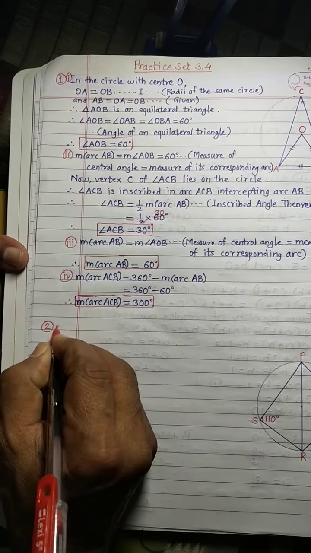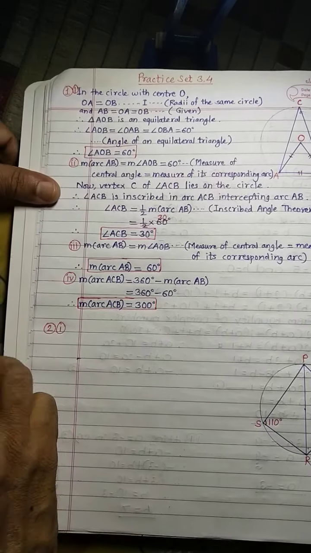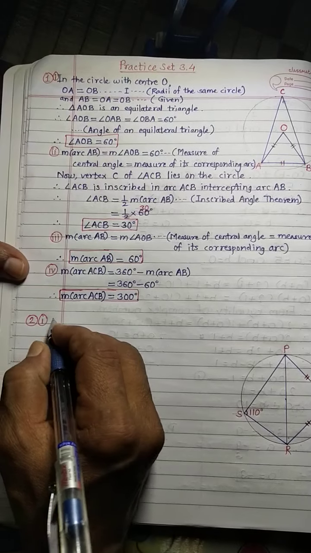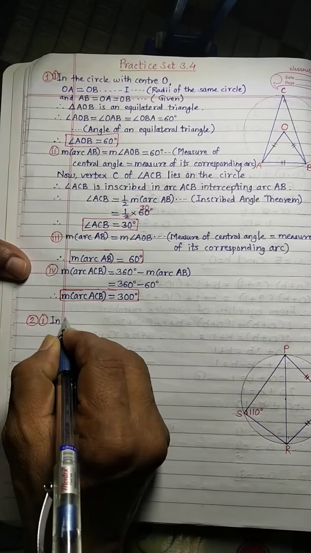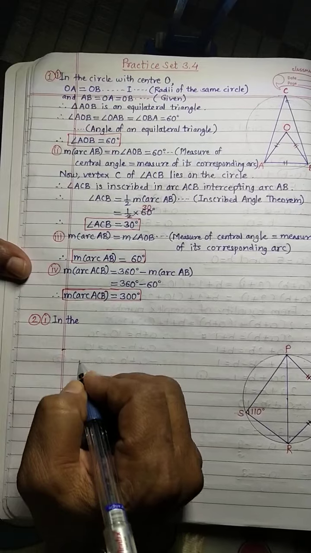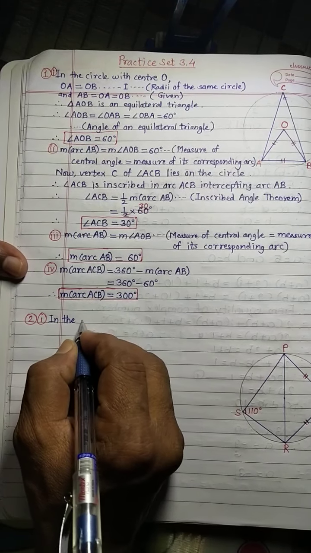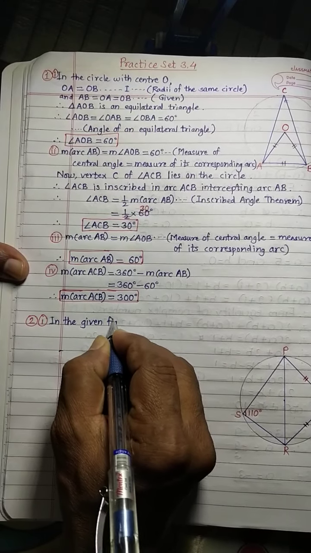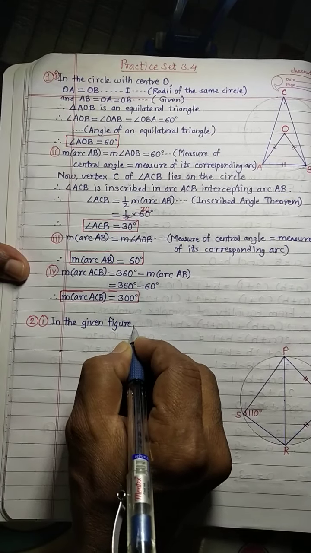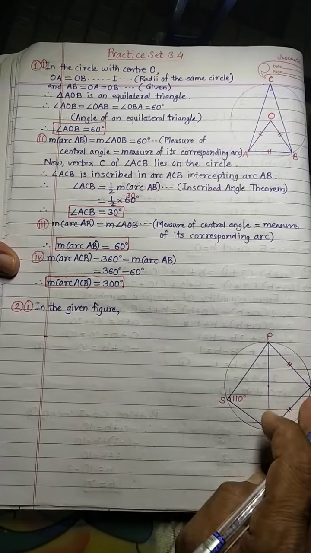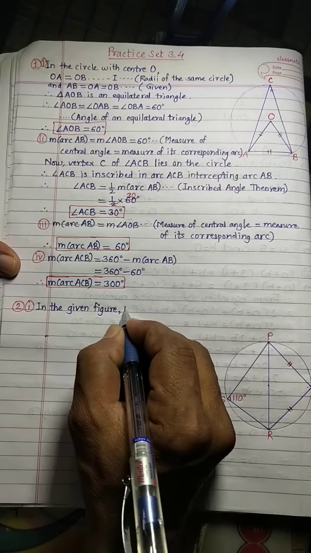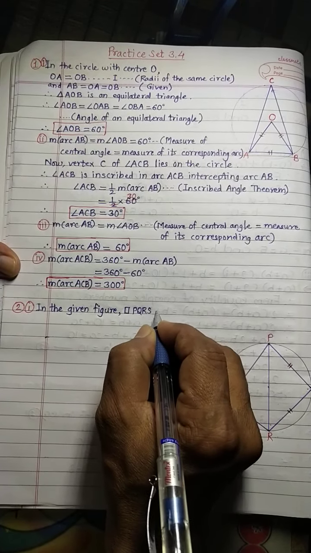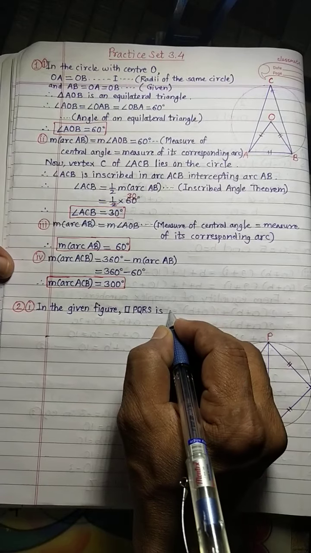Number 1. In the given figure, quadrilateral PQRS is cyclic.